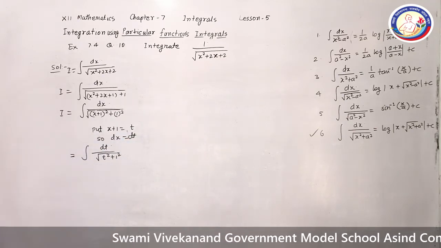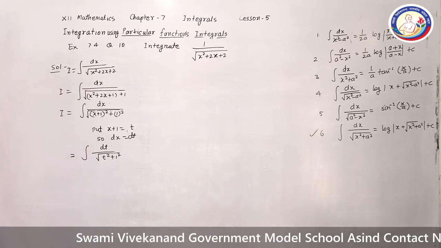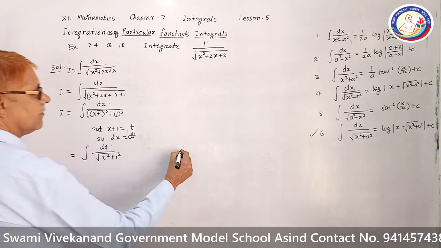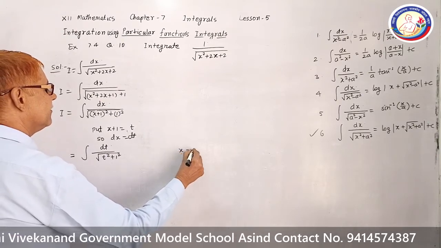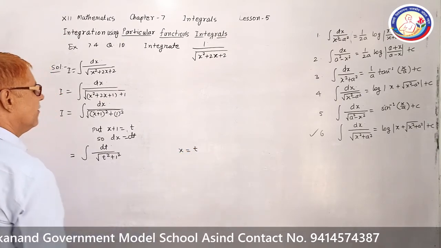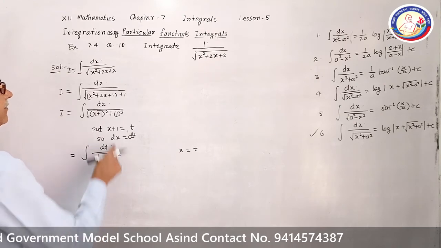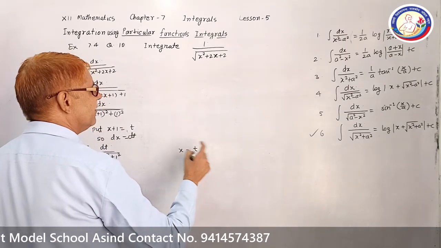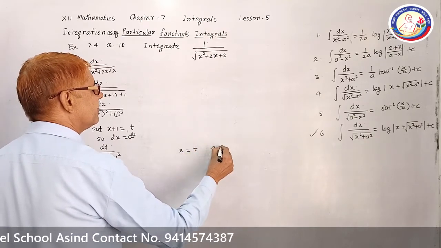Now use this formula. We will write the formula here in solution and then use this. Here a equal to 1, x is equal to t, or t is equal to x plus 1. In place of x we use t, and a equal to 1.